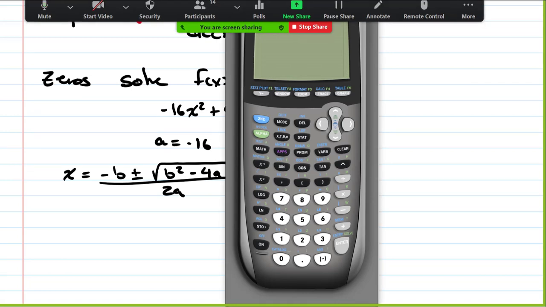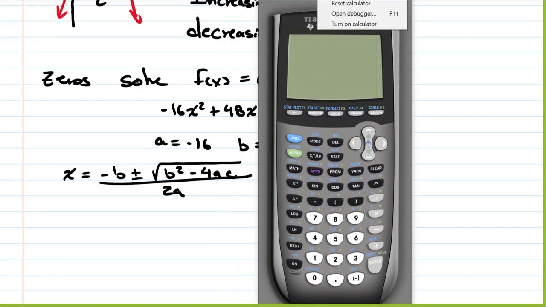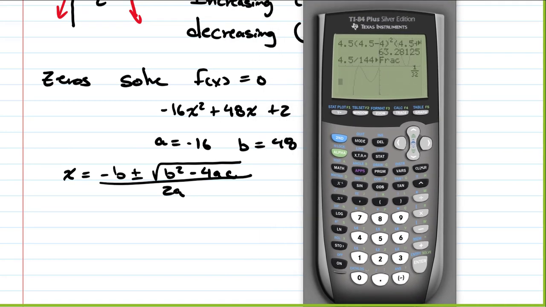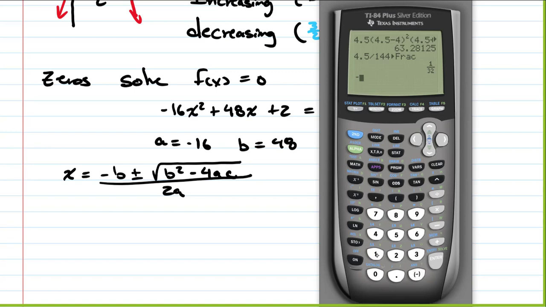So let's just go ahead and put this into our calculator. So my a is negative 16, I'll store that as a. 48, I'm going to store that as b. And 2, I'm going to store that as c.